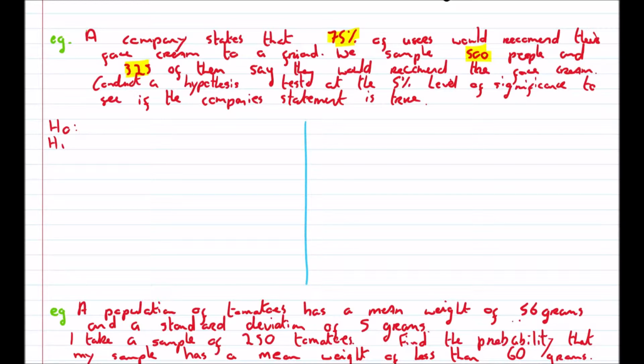So I'll say my null hypothesis, 75% of users would recommend, and the alternate hypothesis is a percentage other than 75% would recommend.